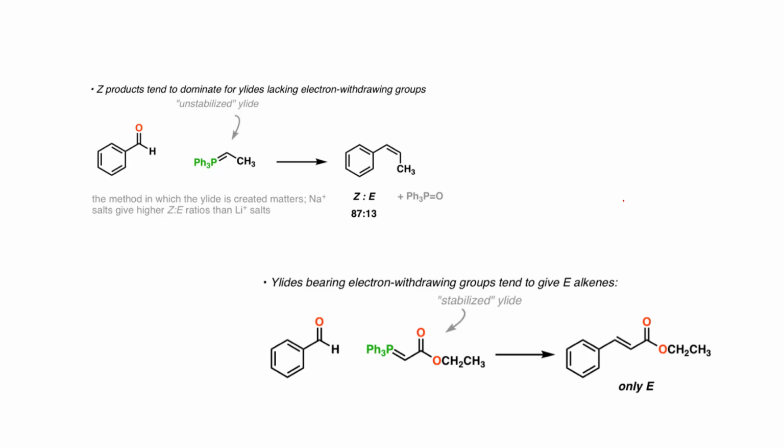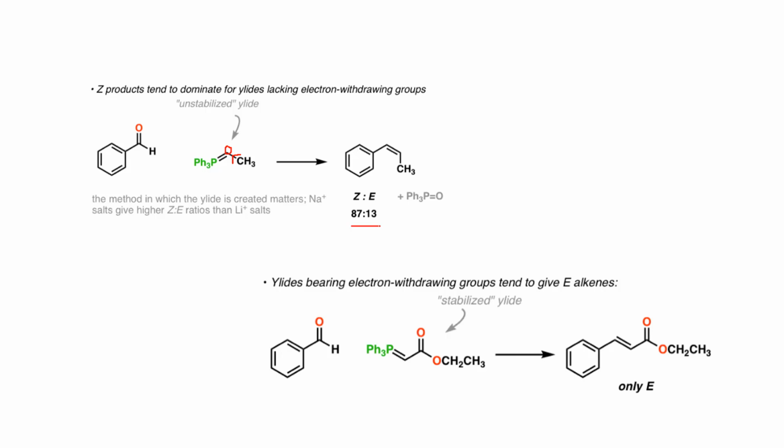Whenever this halide carbon contains any electron donating group, suppose this alkyl group has some plus I effect, it selectively gives the cis double bond. Here the Z double bond is greater in comparison to the E double bond.